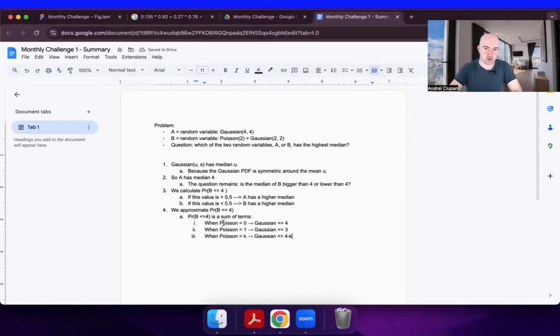Wonderful. We know all these probabilities. Now we need to approximate them. But we have another trick. The probability that this Gaussian with mean 2 and variance 2 is less than or equal to x is equal to the probability that 2 plus square root of 2 times a normal 0, 1 is less than or equal to x, which is the probability that the normal 0, 1 is less than or equal to x minus 2 divided by square root of 2.